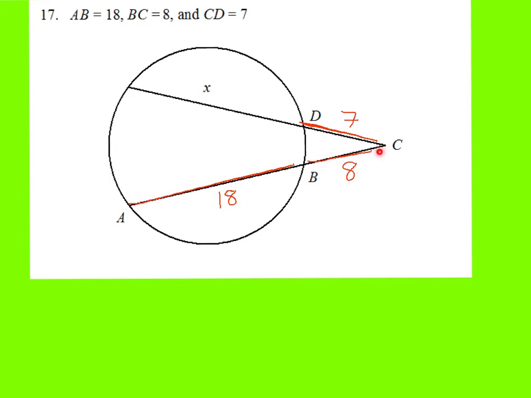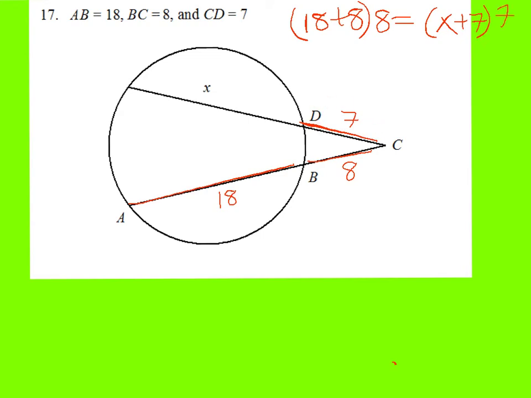So our whole segment here is 18 plus 8, so 18 plus 8 times just the outside. Just the outside is 8. And that's equal to our whole segment over here, x plus 7, times just the outside. And the outside is just 7.